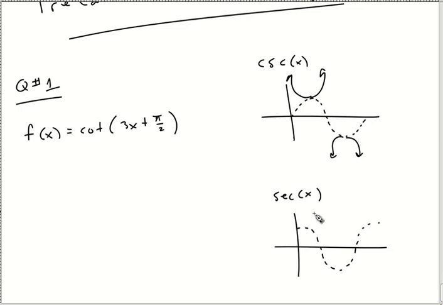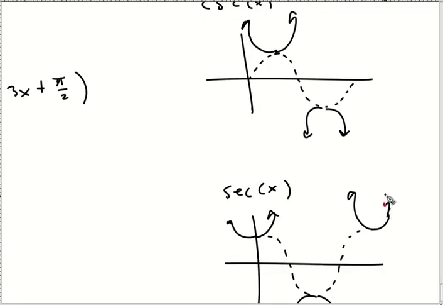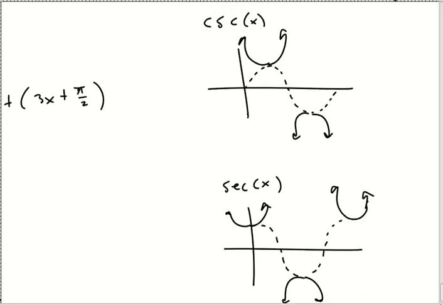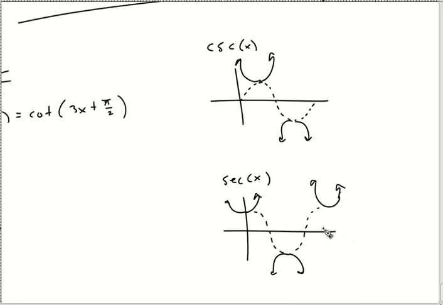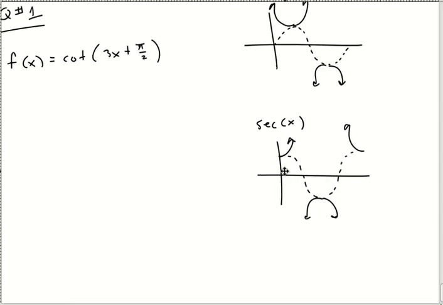Same thing: if I draw a cosine and then do hills and valleys, little U shapes, that's what a secant looks like. Again, this keeps going forever and ever on all sides, but that's the first period right there.